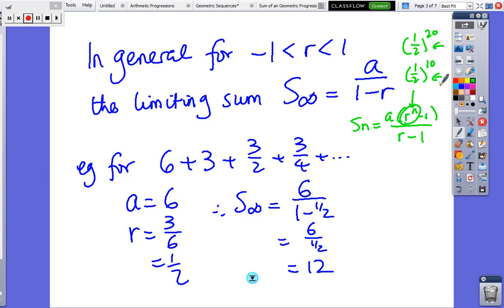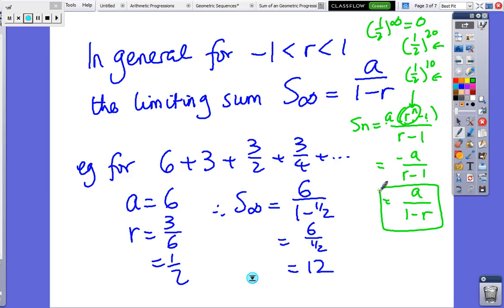When you get to infinity, a half to the power of infinity is going to equal 0. So this term disappears, and we've got a times -1, which is -a over r - 1. But rather than having a minus on the top, we just switch the order, so we've got positive a over 1 - r.